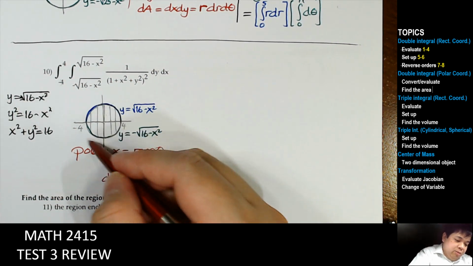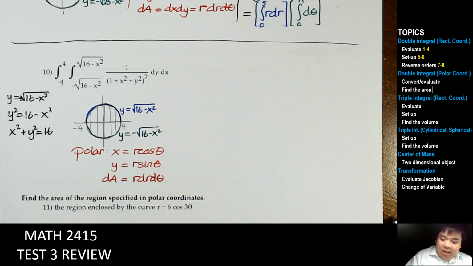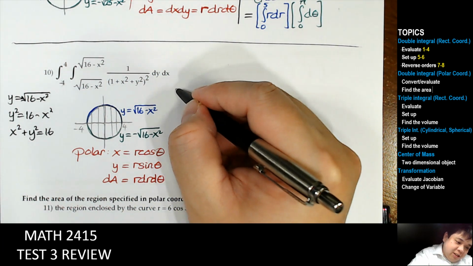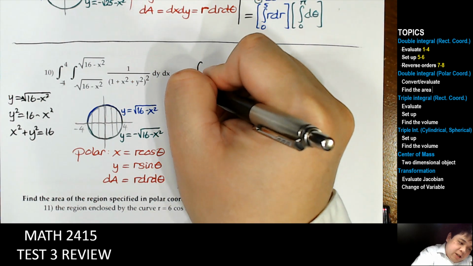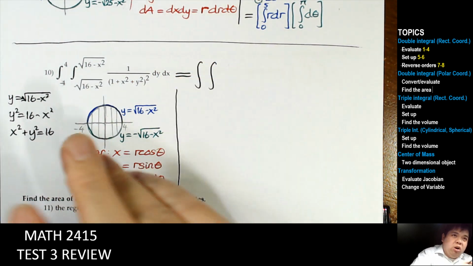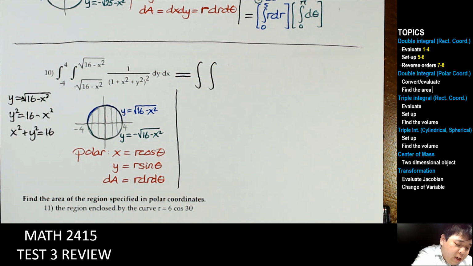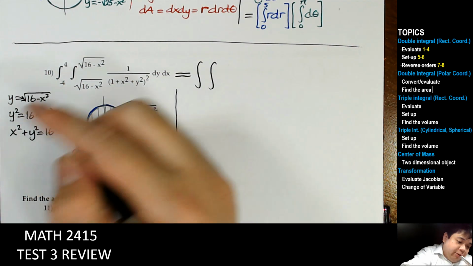Right. The limit, of course, is the whole disk. So first, we have the double integral. Worry about that later. And then the function.